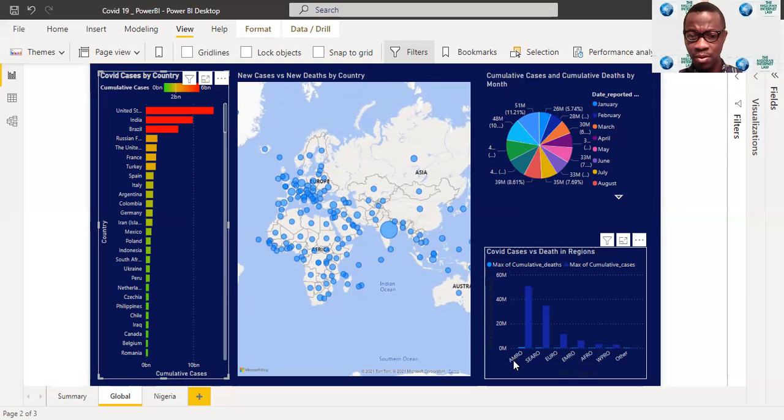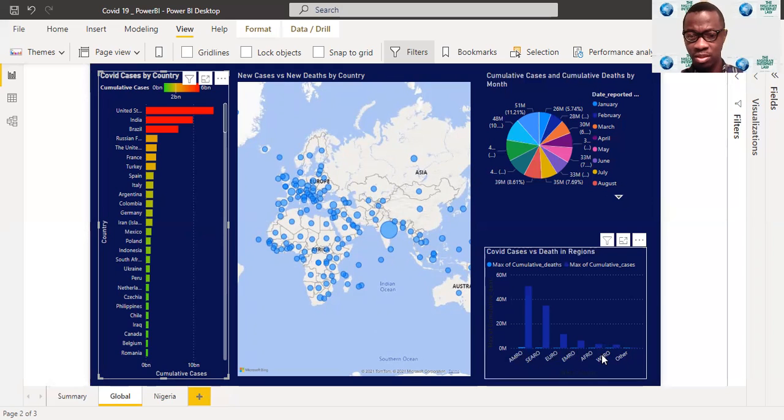These various regions are abbreviations, but the full name: AMRO, for example, means region of the Americas. SEARO means Southeast Asian region. Then Europe, the European region, as well as AFRO, which is the African region, and we also have the WPRO, which is the West Pacific region.